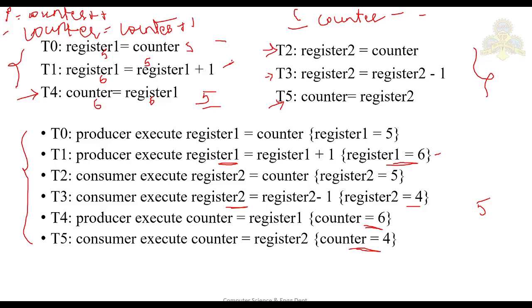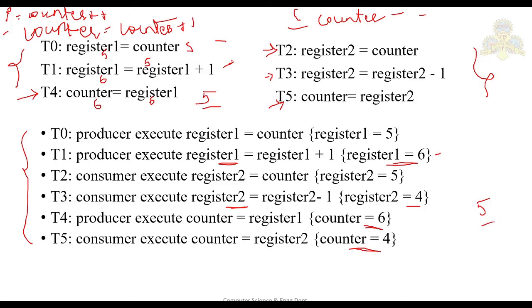So whenever you execute the instructions in this manner, you reach inconsistency of data. This counter variable value is inconsistent. Why? In the producer process it shows the counter value as 6, and in the consumer process it shows 4.